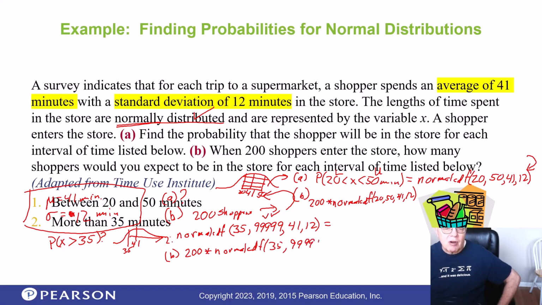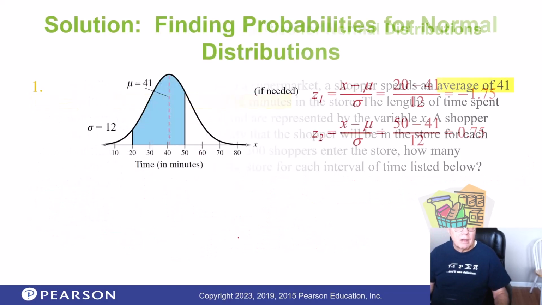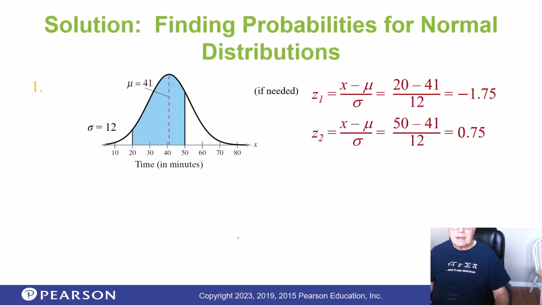This will give us our probability. And this will give us how many shoppers out of the 200 we expect to stay for over 35 minutes. Now again, remember, the old way of doing this was to change these numbers, the 20 and the 50 in our first example, to z-scores.